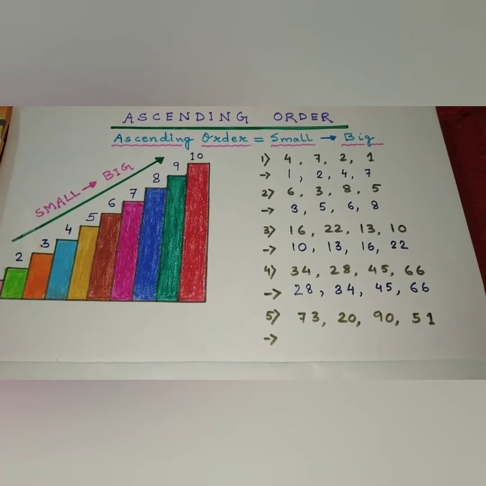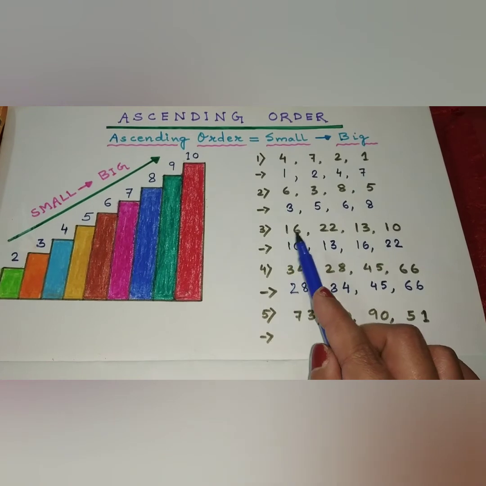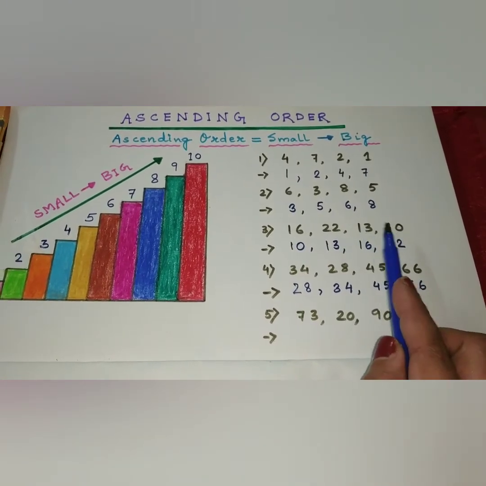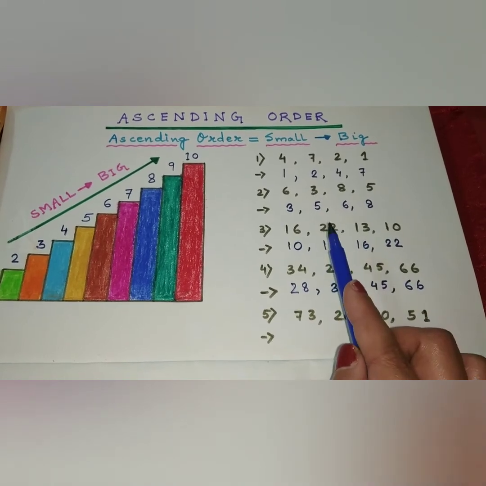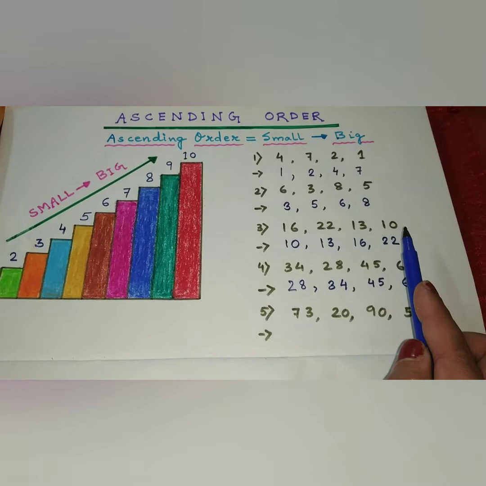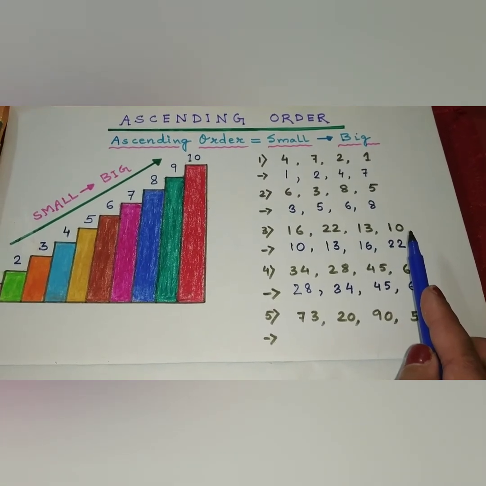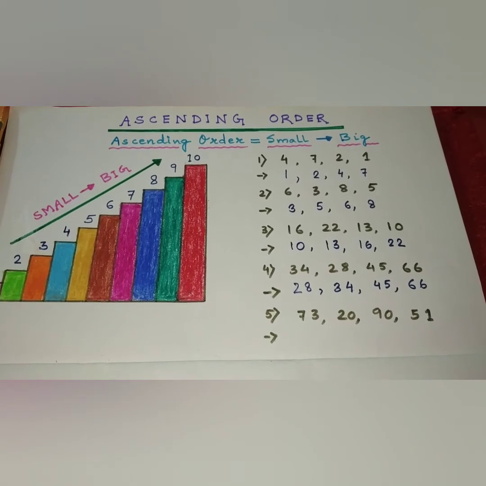The trick is that in example number 3, we have taken the first digit of the numbers. Which numbers are coming same? The first digit of these 3 numbers, 16, 13 and 10, are the same. So, we have left those numbers. We did not take those numbers.